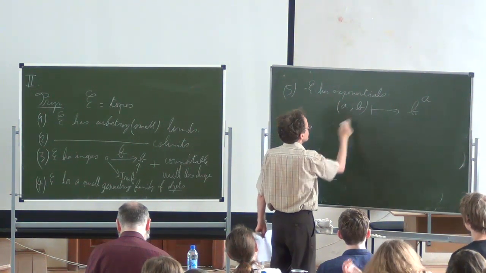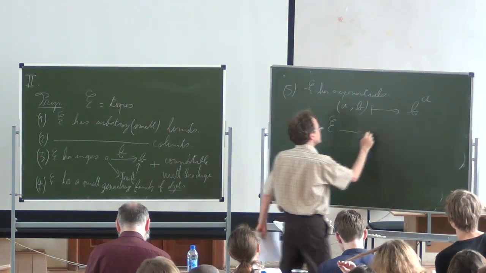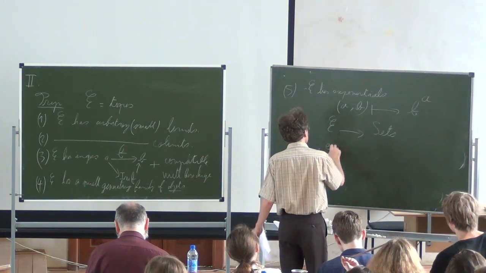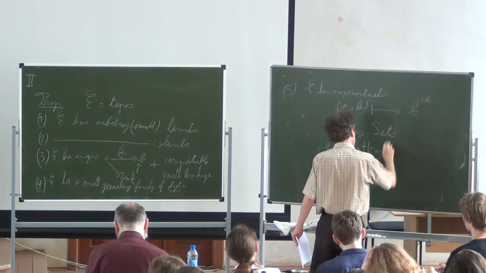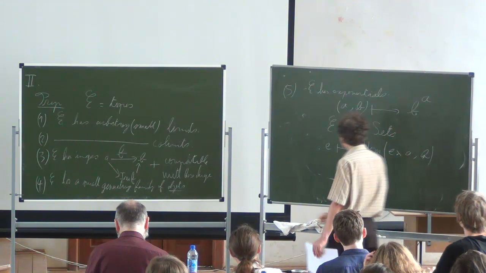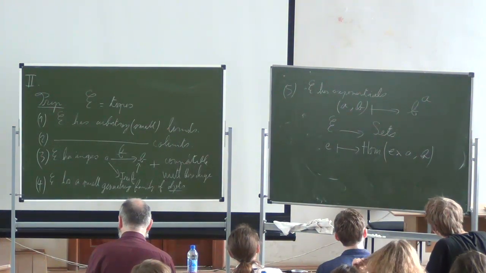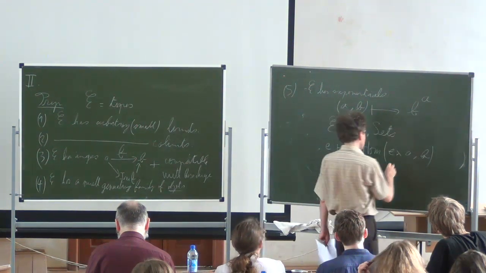Your two objects A and B are given, and you consider the following functor: to any object E in your topos, you associate the set of morphisms from E cross A to B. So you see it is a contravariant functor, and the theorem is that it is representable by an object.